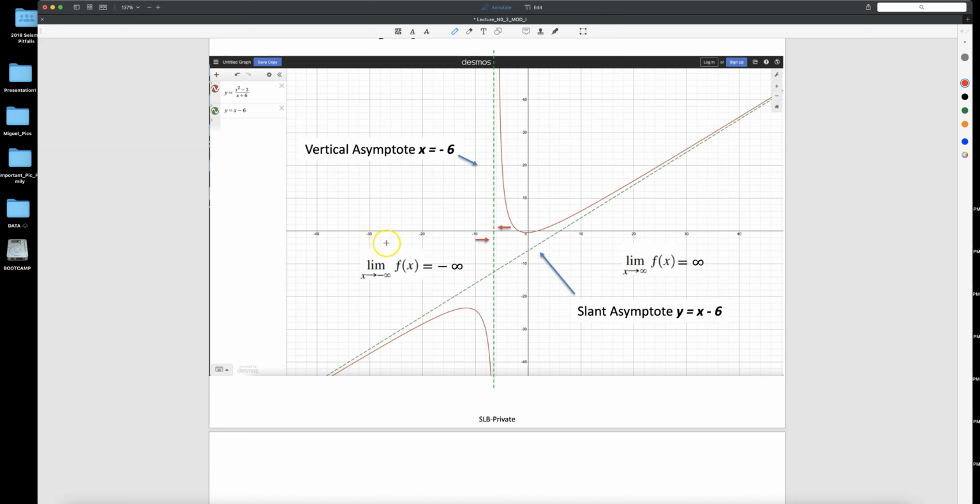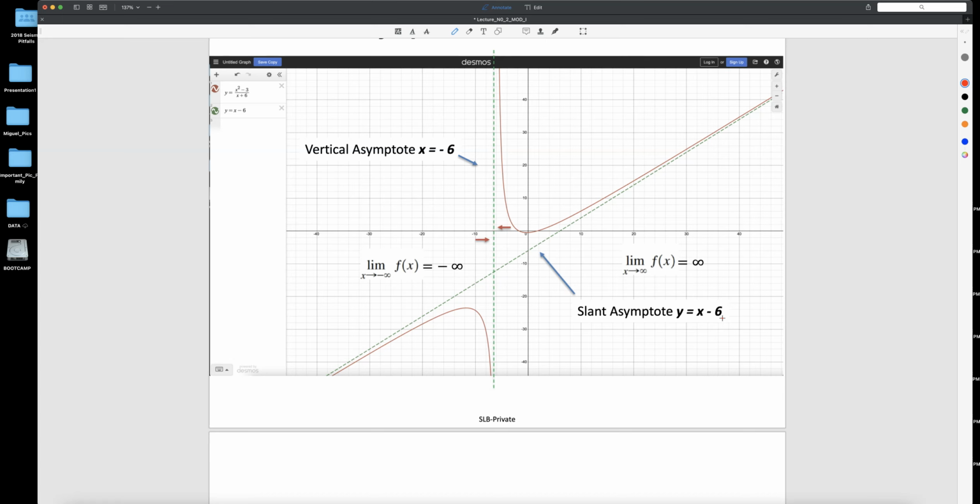If I go with a very large number in magnitude but negative, the function goes also to negative infinity, but it's going to be limited by this linear function in here. And that linear function is what we call the slant asymptote. That asymptote is y equals x minus 6.